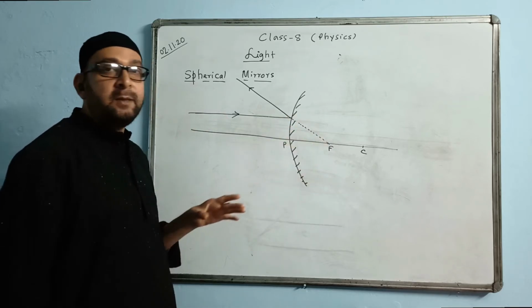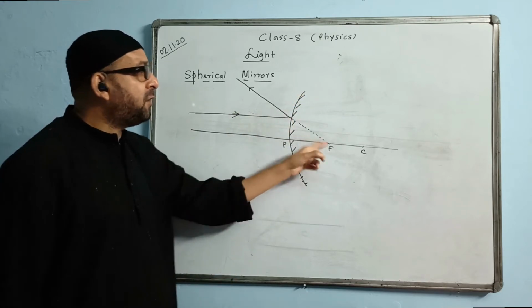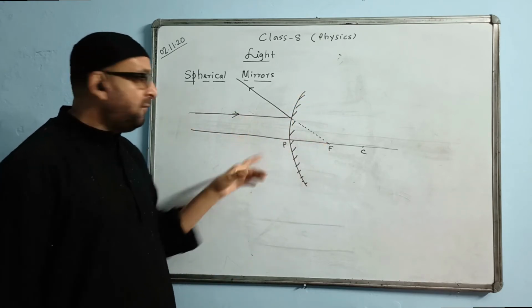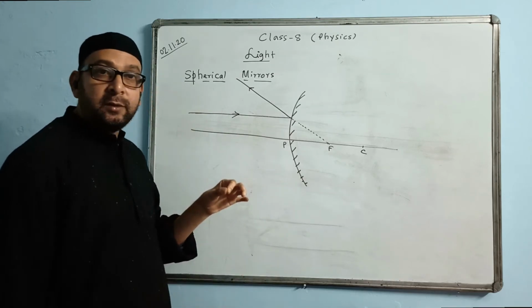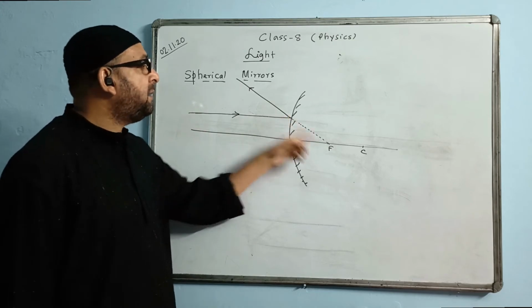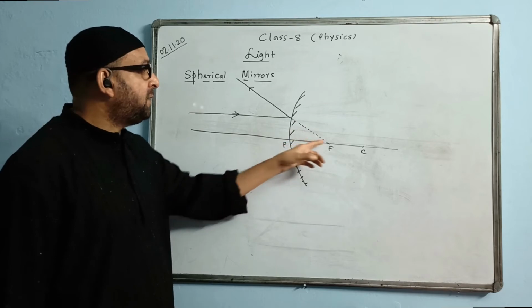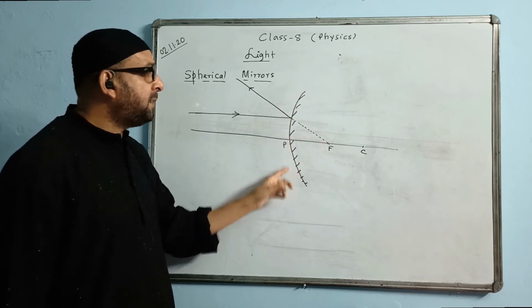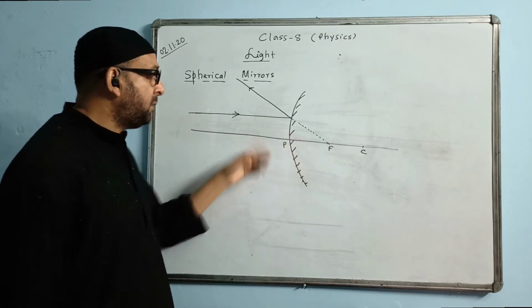It is not actually passing, but it appears to pass. That's why a convex mirror has a virtual, imaginary focus, whereas a concave mirror has a real focus because the ray really passes through that point F. But here the ray is appearing to pass along an imaginary line. So we say that the focus of a convex mirror is a virtual focus. This F is virtual here.